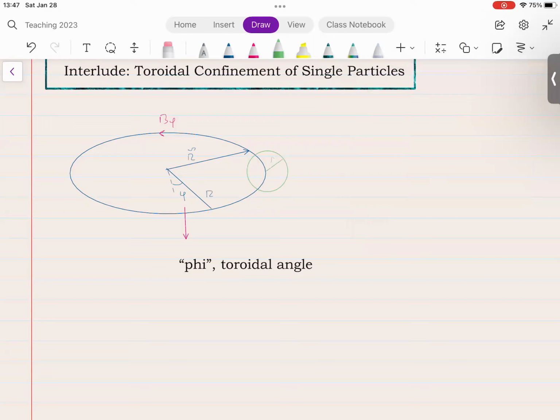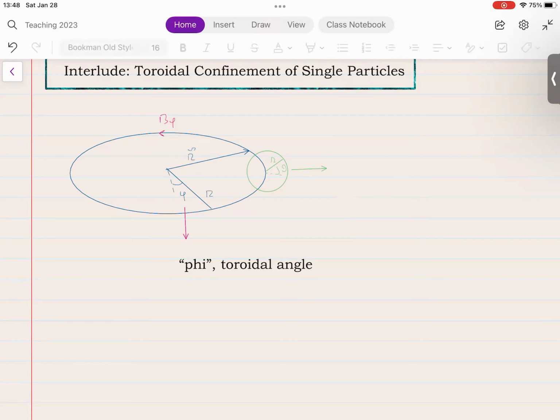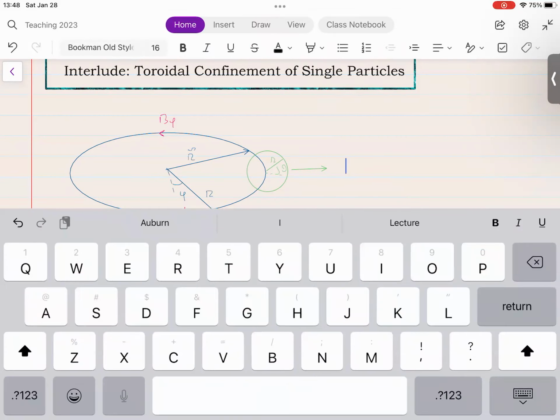This is going to be the lowercase r direction. And this is going to be my angle theta, which is, of course, just as a reminder, the poloidal direction.